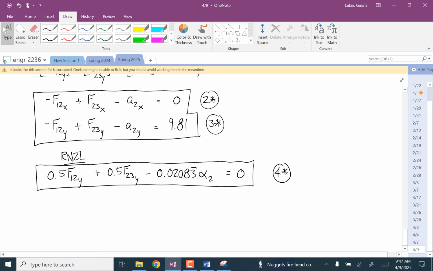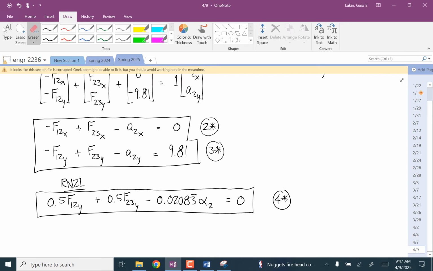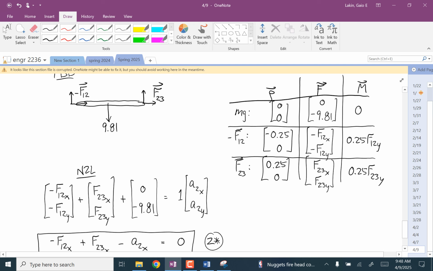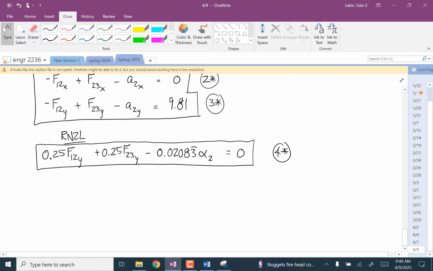Any questions about that? I think I missed, why is it 0.5? It's from the center of mass to... Yeah, I just wrote it down wrong. Thank you. That's why you fill out the table, so you don't do stuff like that. Any other questions about that one?